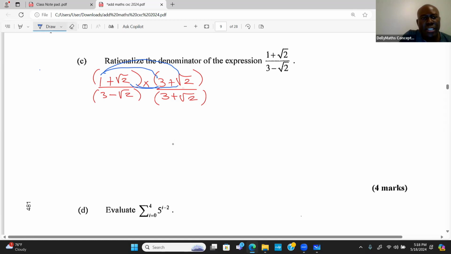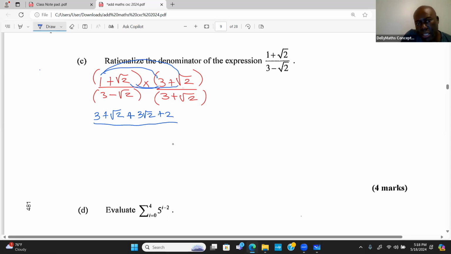So 1 times 3 will give me 3, 1 times root 2 gives me plus root of 2. Then root 2 times 3, so it's going to be plus 3 root 2. Root 2 times root 2 will give me positive 2.